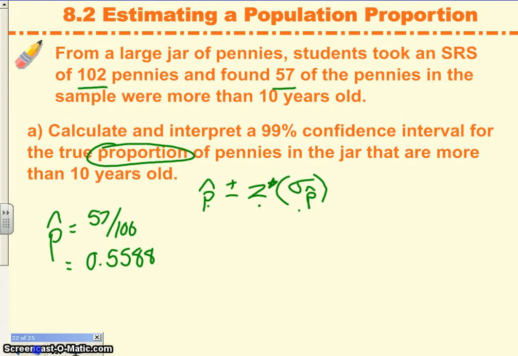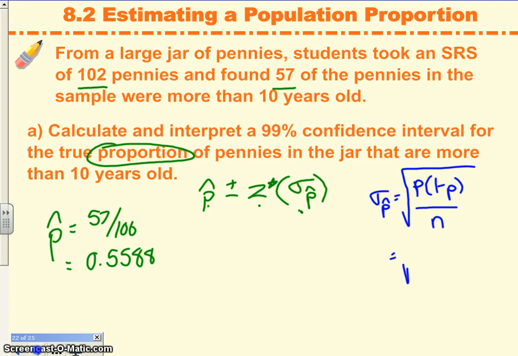What else do I need? I also need my standard deviation for my sample. So remember back from the last unit that sigma sub p hat was the square root of p times 1 minus p all over n, my sample size. Now I know we don't know the true proportion, and that's what Chapter 8 is all about. Because we don't know the true proportion, it is okay for us to use our p hat in place of p.